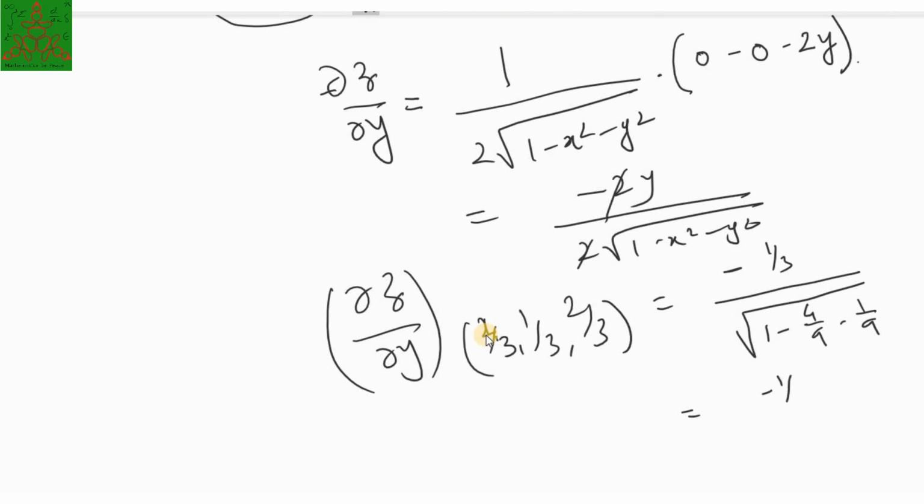If you simplify, taking the LCM, that is (9 - 4 - 1)/9. So you will have -1/3 upon the square root of 4/9. The square root of 4/9 is 2/3. So finally you will have -1/2. The slope of the surface at point (2/3, 1/3, 2/3) in the y direction will be -1/2.